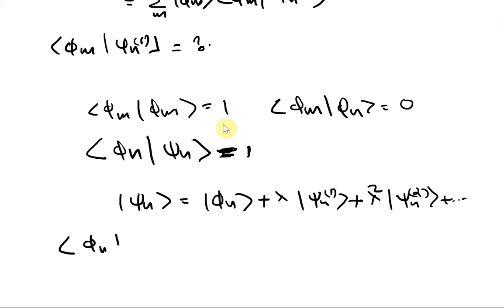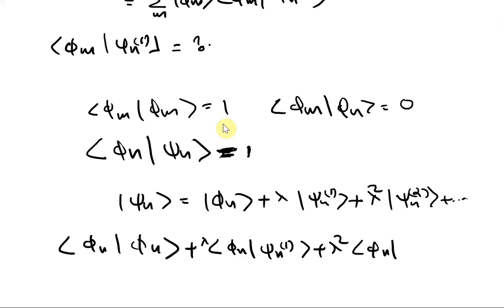The first term is ⟨φn|φn⟩, and another term is lambda times ⟨φn|ψn1⟩, plus lambda square times ⟨φn|ψn2⟩, etc.